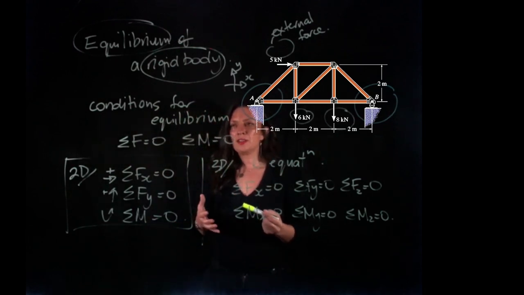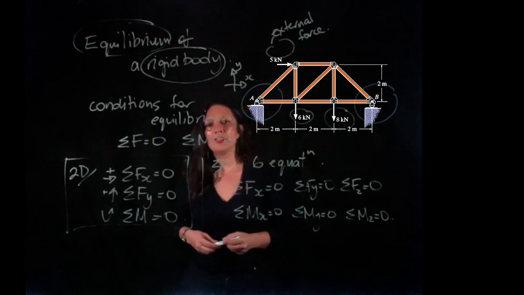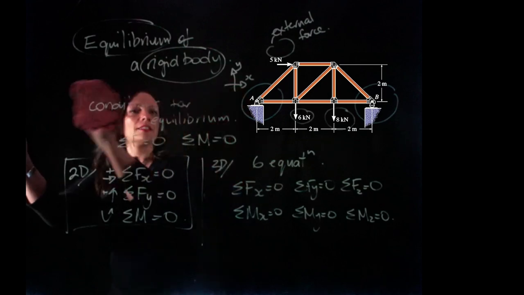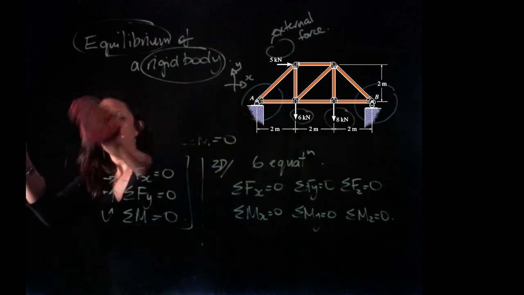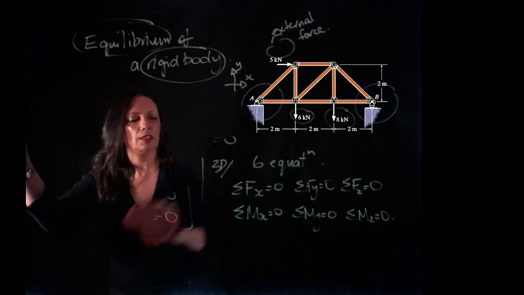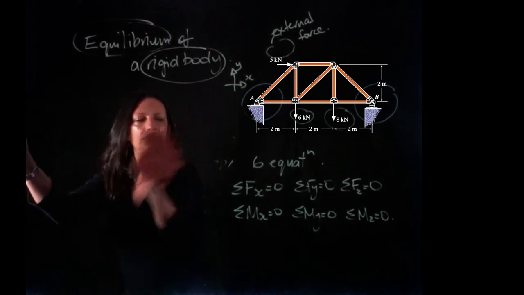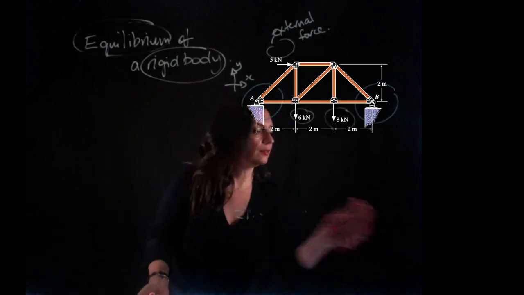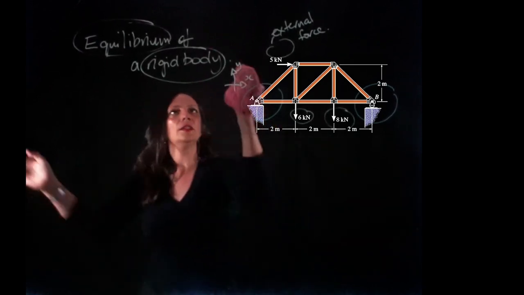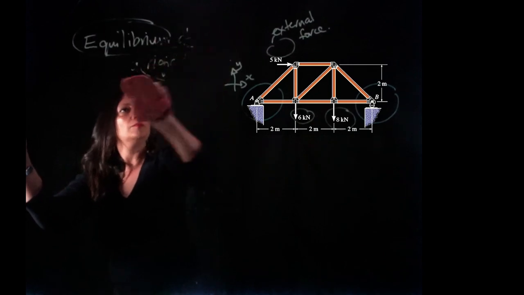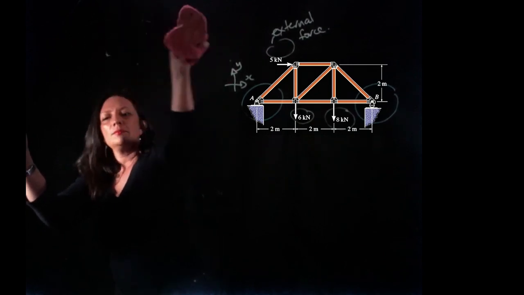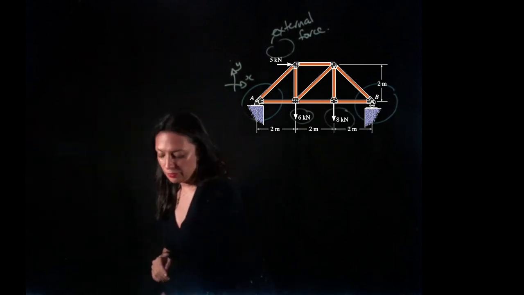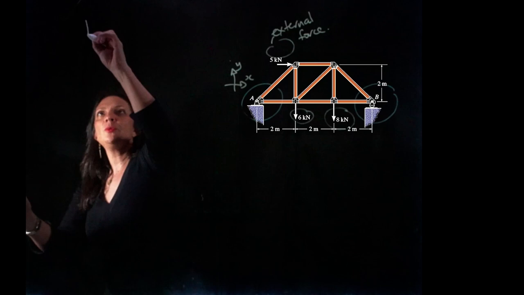The next most important thing we need to learn about is how to draw a free body diagram. So let's clean this up and take a look at free body diagrams. What is a free body diagram?